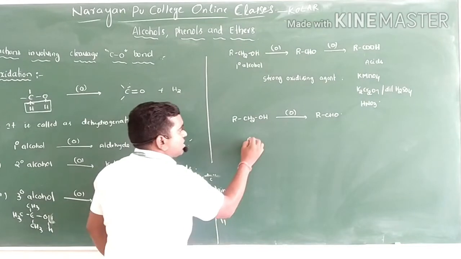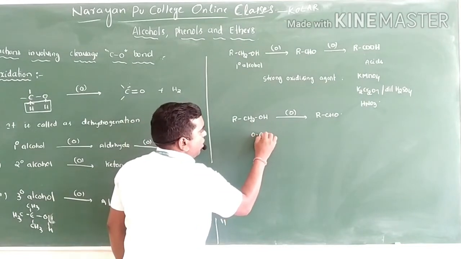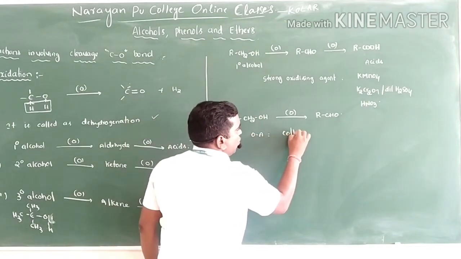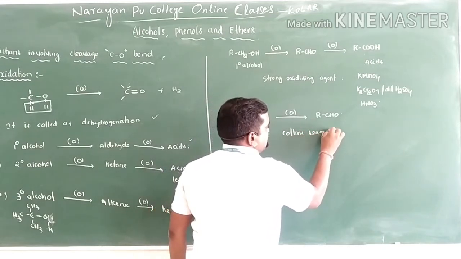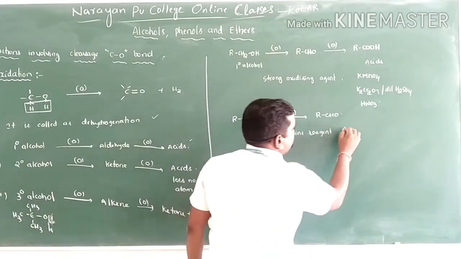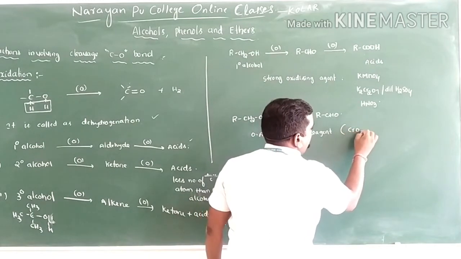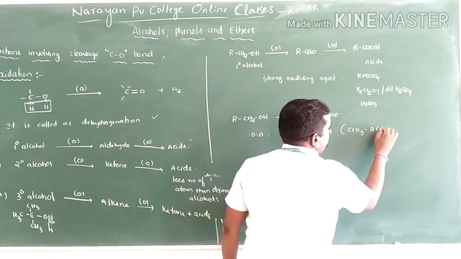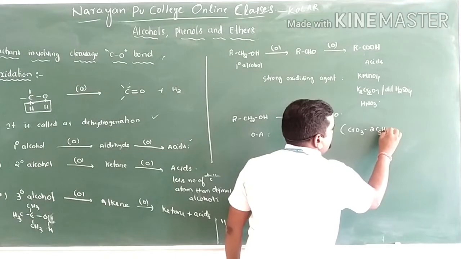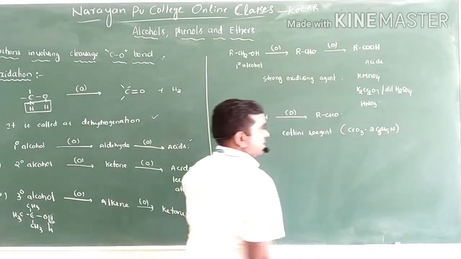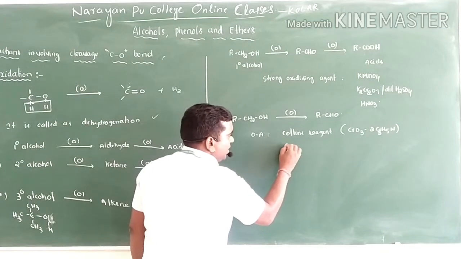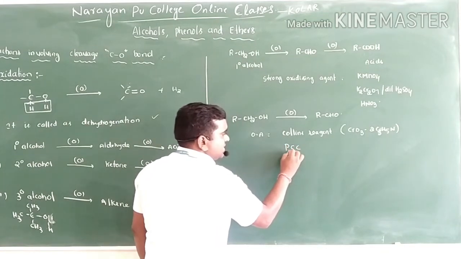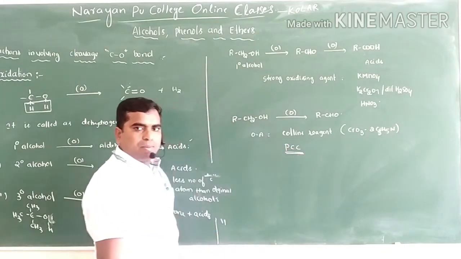So what are those oxidizing agents? Here the oxidizing agents are Collins reagent, which we consider as a chromium trioxide and pyridine complex, CrO3 with C5H5N. This is clear. And another very important one is PCC. This is mainly what we will use.